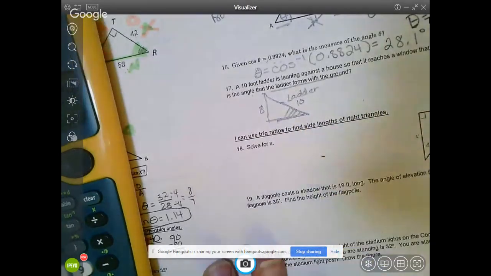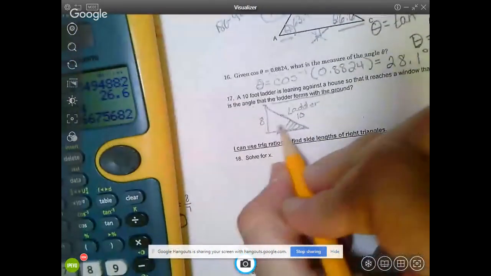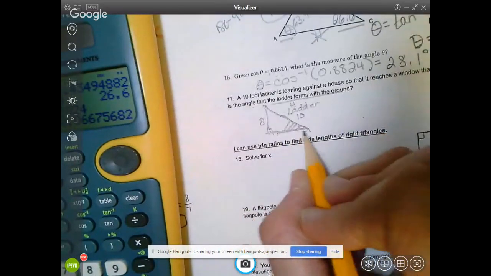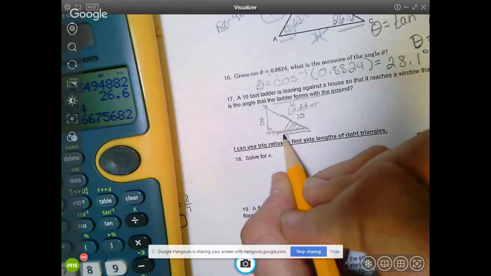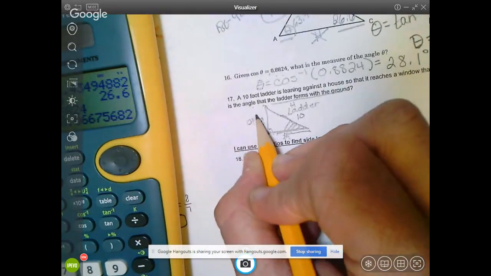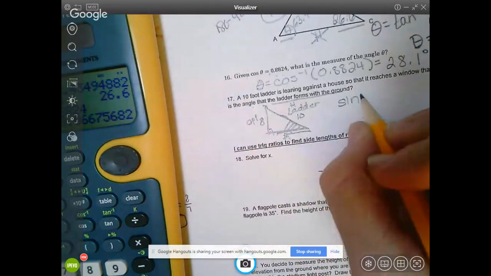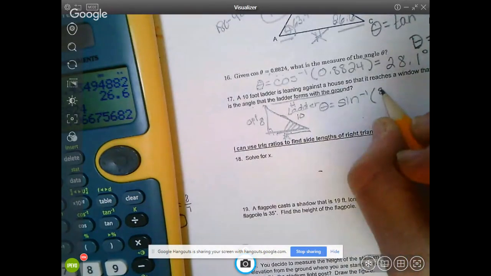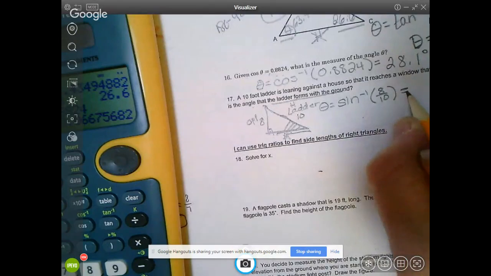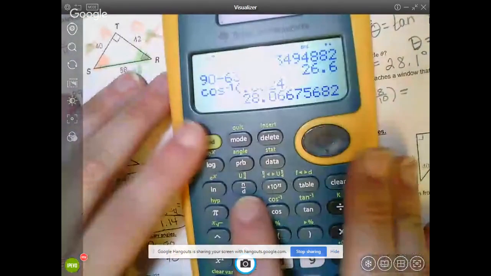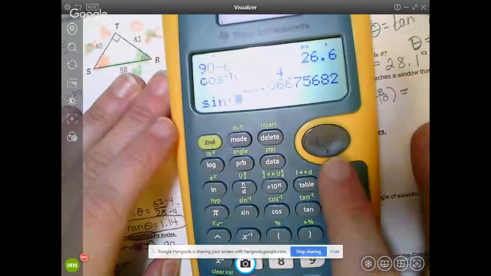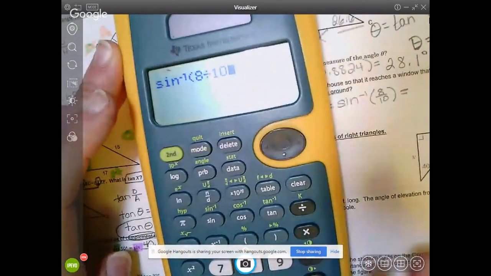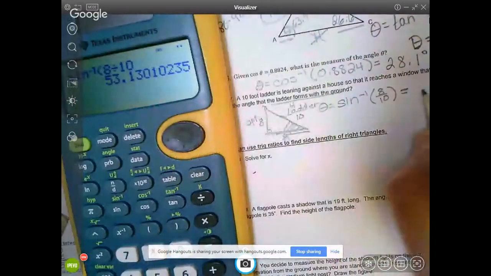So that's my theta. When I label it, here's my right angle. This is my hypotenuse. Hypotenuse, angle, adjacent, which we don't need. Here's my opposite. So I'm going to use sine. My theta is going to equal sine inverse of opposite over hypotenuse. So I got second sine. Opposite was 8. Hypotenuse is 10. So we're left with 53 degrees.